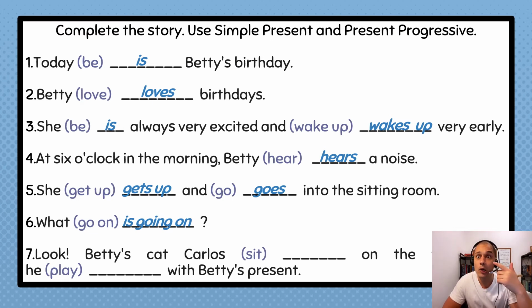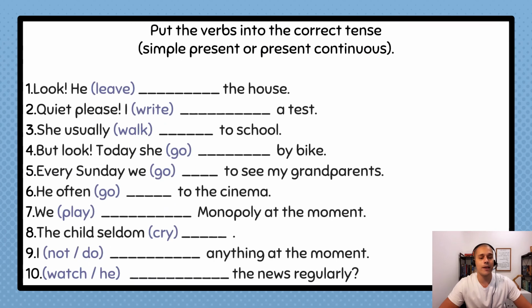So I don't say look. You have to look at this moment. So I'm talking about present continuous, an action that is in progress. All right, so look, Bet's cat Carlos is sitting on the table and he is playing with Betty's present. Got it? All right, let's see some exercises, some more examples.